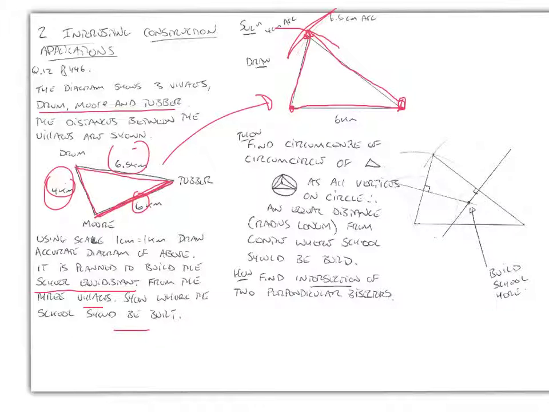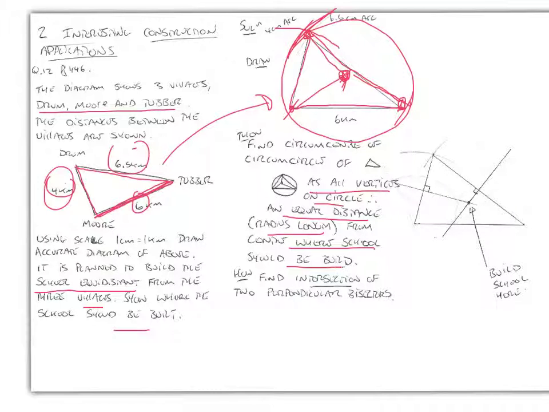And then we need to find the circumcenter of the circumcircle of the triangle, because if we can fit this into a circle, then if we find the circumcenter, each vertex is a radius away from the center of the circle. As all vertices on the circle are an equal distance, a radius length, from the center, that is where the school should be built.